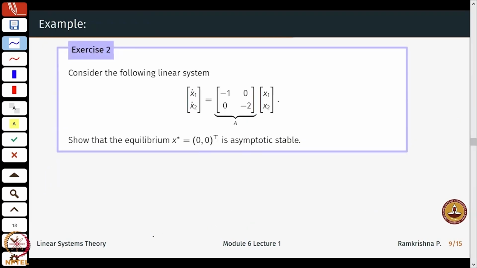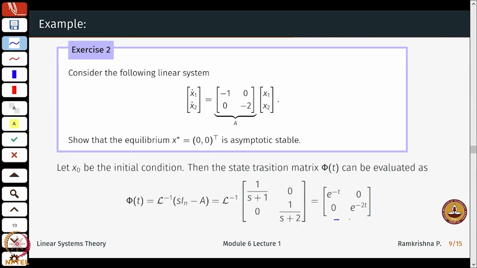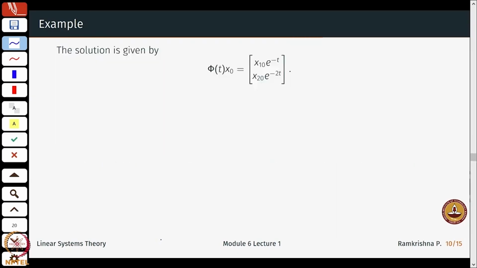Okay, so let's do again a seemingly simple looking example. If I just were to ask you to compute the state transition matrix, the solution, it will just be by heart, right, because it's in the diagonal form, and then e power At is easy to compute. Let us say I start with certain initial condition x1 naught, x2 naught. Again, for simplicity I assume t naught is 0.